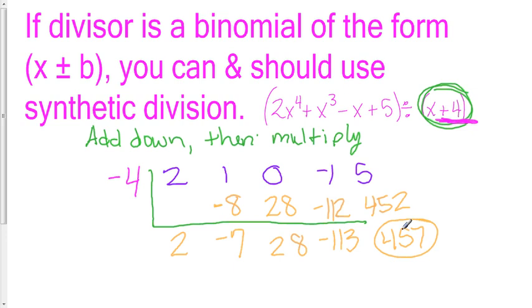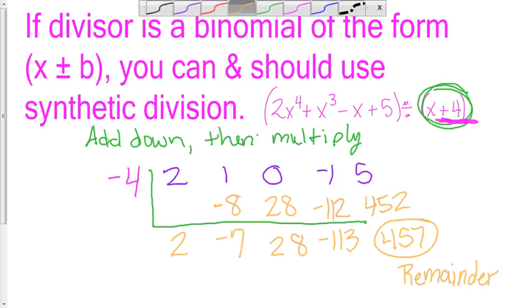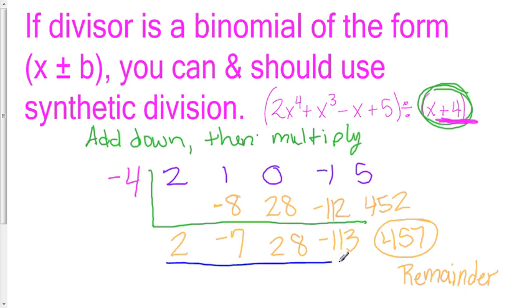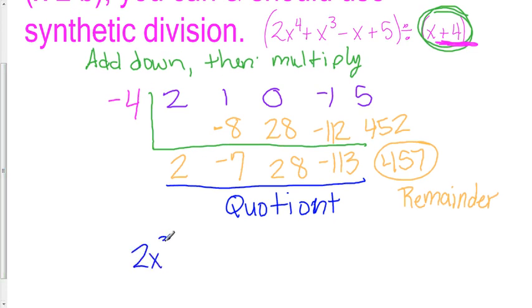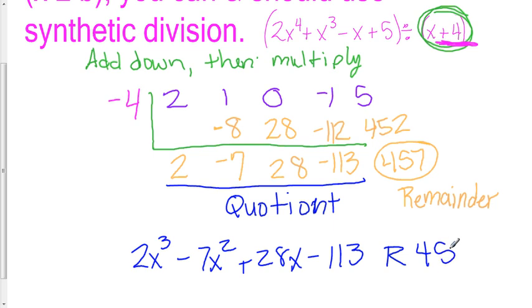And this is the remainder. And this is the quotient. And the quotient then would be 2x cubed minus 7x squared plus 28x minus 113, remainder 457.